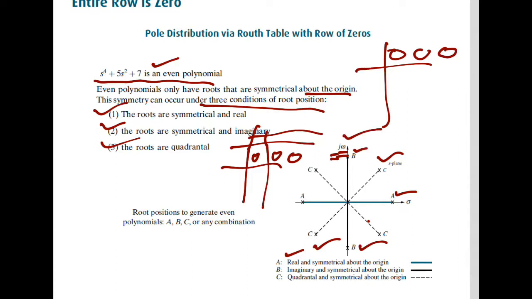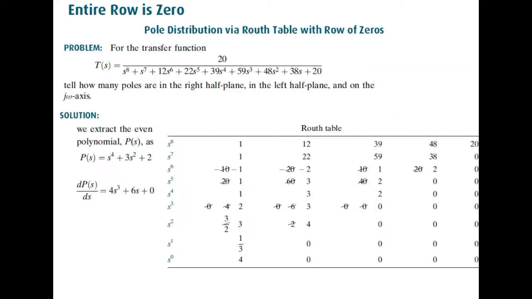Now with this example we can discuss how this case can be taken care of. Let us take a transfer function, and we have to tell how many poles are on the right half plane, on the left half plane, and on the j omega axis. We find the Routh table. From this we find that S3 is the 0 row.